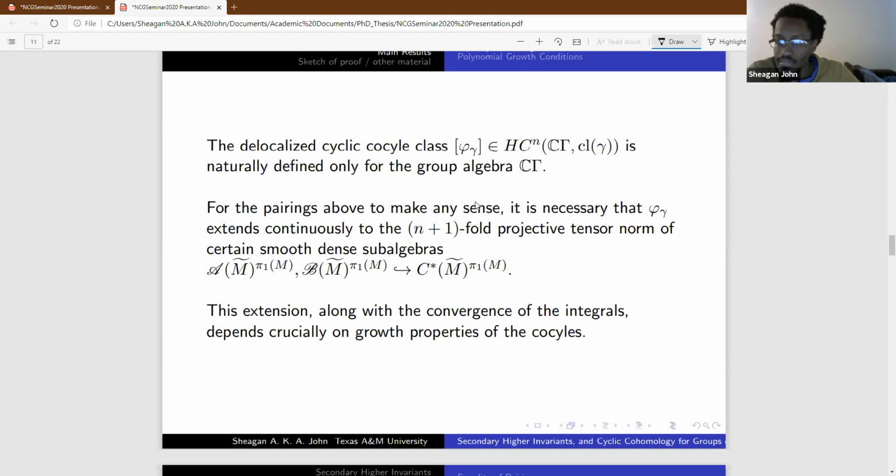In particular, to their n+1-fold projective tensor norm, which introduces just a little bit of extra detail.